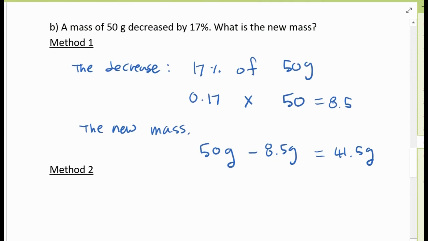So everyone, decreased by 17%. So what you're going to do is you're going to subtract 17 from 100. Then that is 83%. Okay? So what you're going to do is you're going to find 83% of the original, 50 grams.